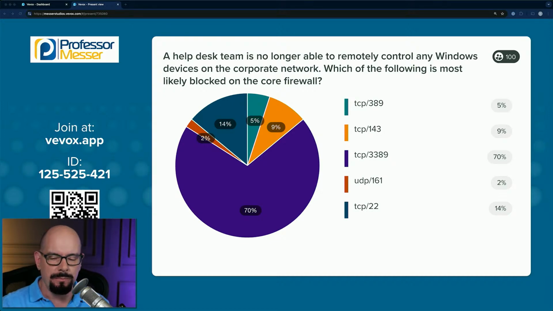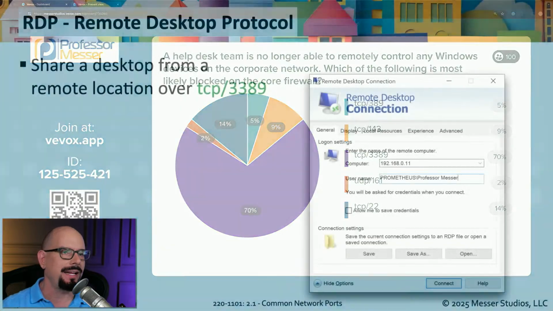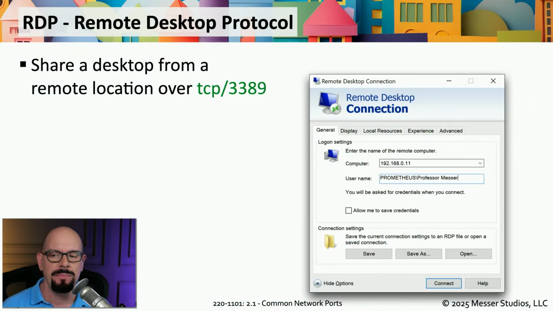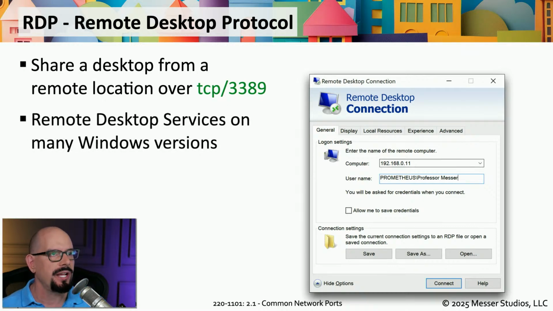So hopefully you're familiar with 3389 being used for RDP, or Remote Desktop Protocol. That is the one we were looking for. So hopefully you're familiar with Remote Desktop and using these Remote Desktop capabilities. If you are, then you're also going to want to understand what these are going to do for you.